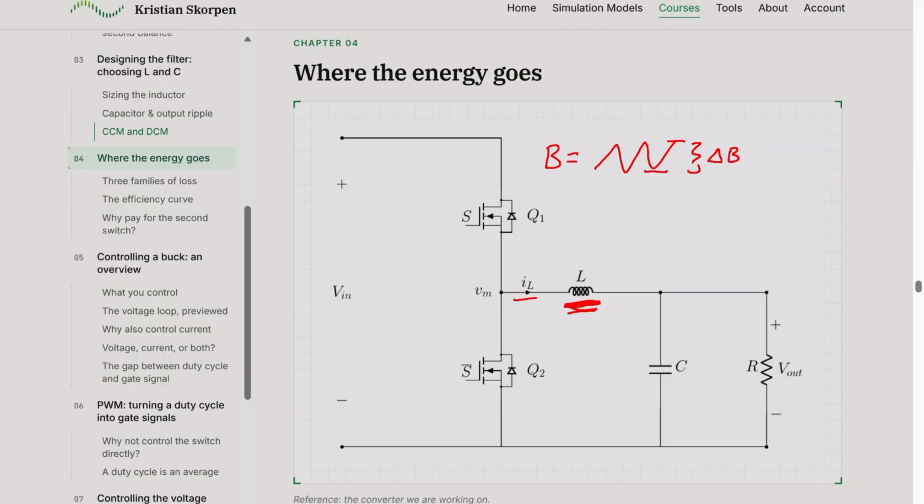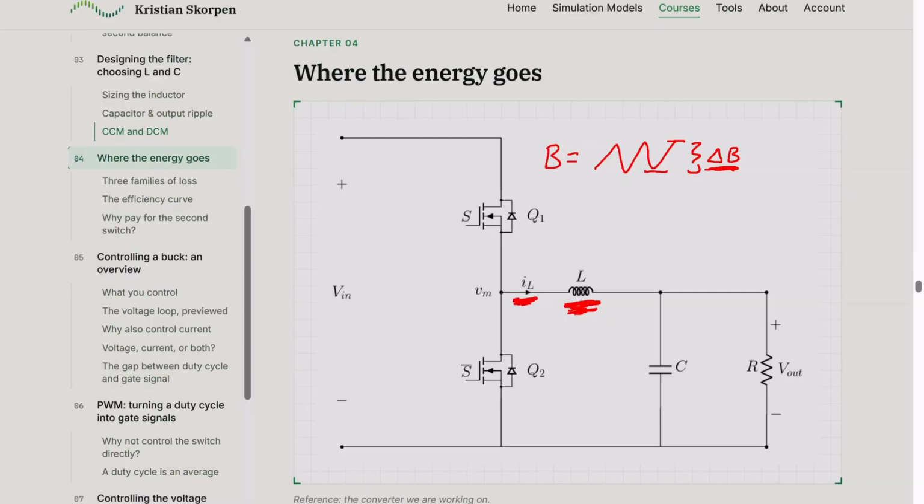And same with current. Since the current has a linear relationship with the flux density, or it's not linear, but one could say it's linear in an ideal sense, then the larger ripple we have, the more losses we get inside the inductor. The equation for this is actually very complex. It depends on the switching frequency and also the peak of the flux density. But essentially, the more ripple we have, the more losses we have.